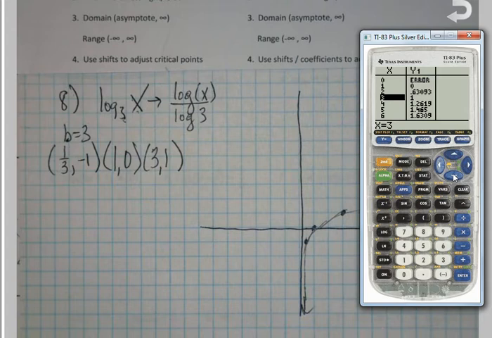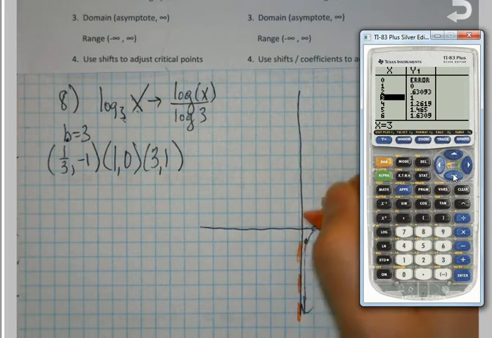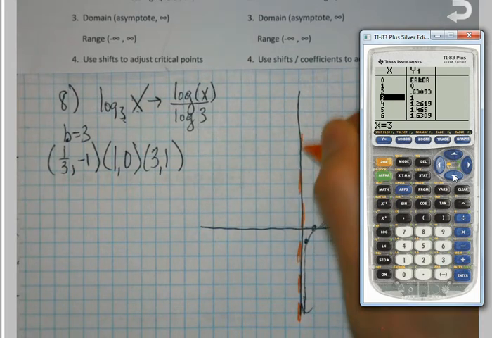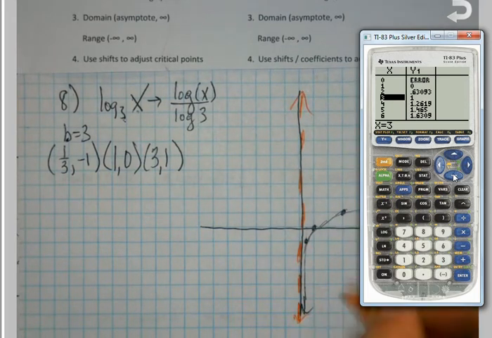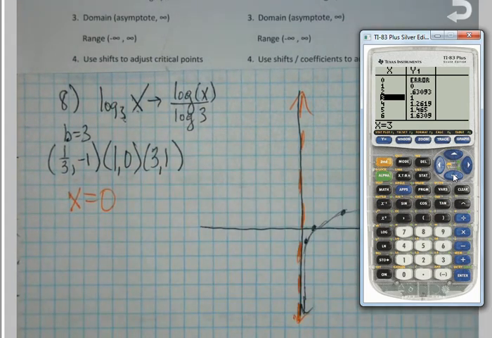Hopefully that also helps you remember when you're trying to get your other information that your asymptote hasn't moved from the y-axis, since your asymptote would just be x equals 0, which it would be for this one. And it also doesn't change anything else.